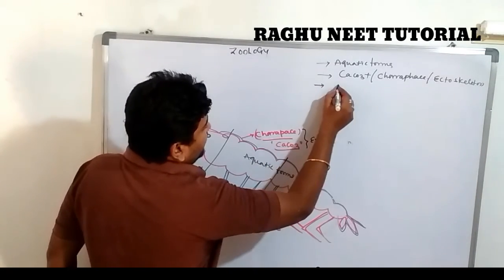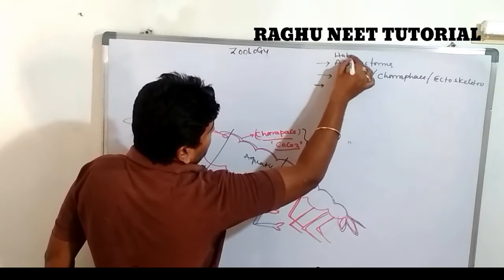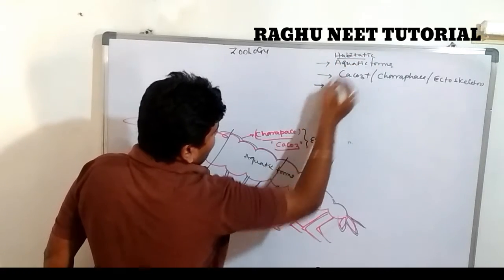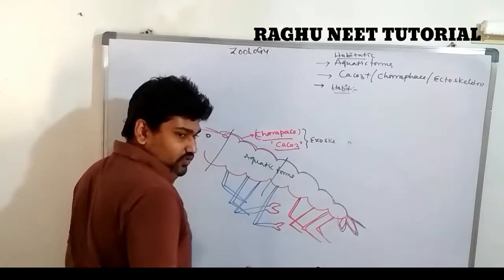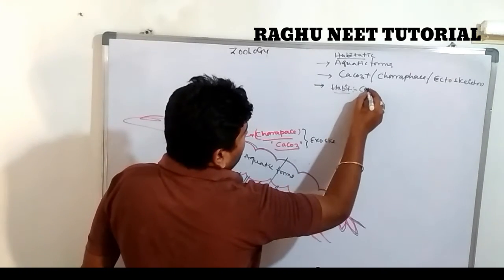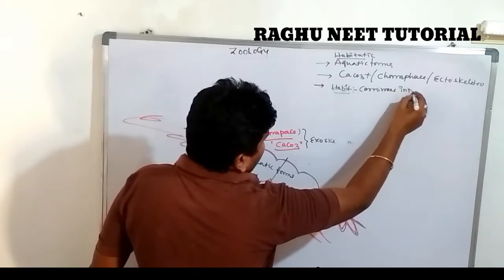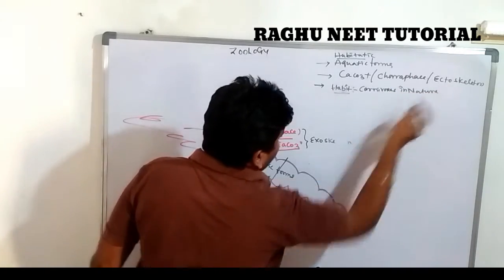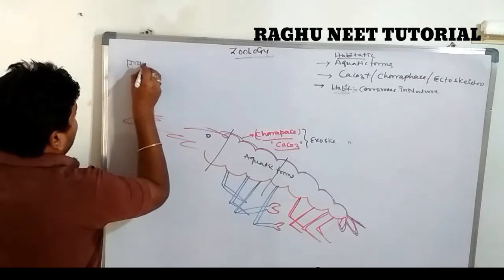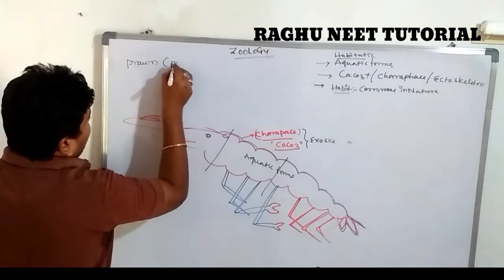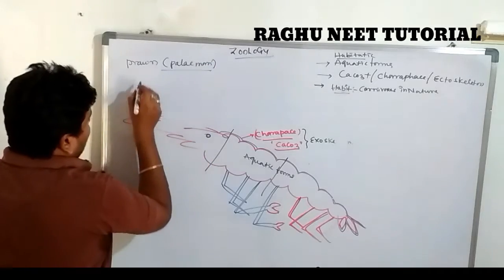First, habit. The habitat is aquatic. Habit: these are carnivorous in nature. These prawns are carnivorous. Prawns are commonly called Palaemon, commonly called prawn.